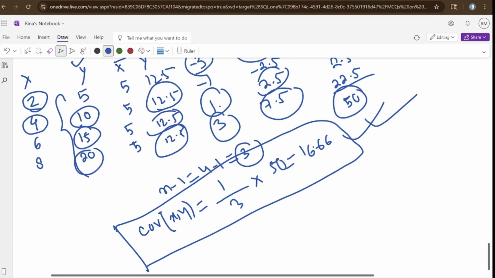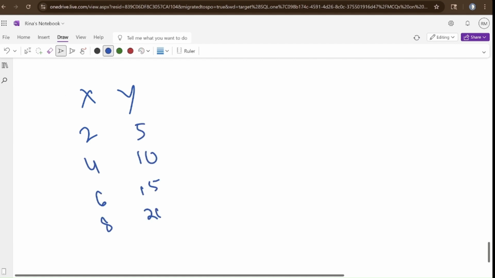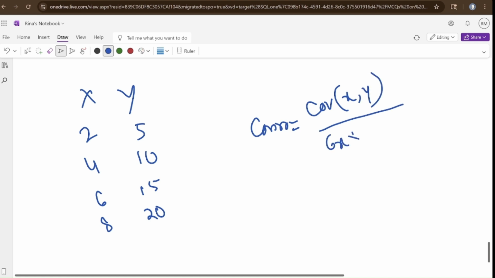Now let's calculate correlation also with the same data: x is 2, 4, 6, 8 and y is 5, 10, 15, 20. What is the formula for correlation? Correlation is covariance of x and y divided by sigma x into sigma y. This one we have already calculated; it is 16.67.